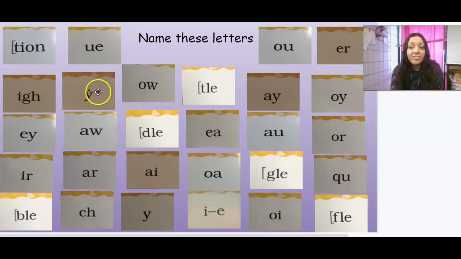Then we have vowel, Y. Then we have, this one's different, remember, digraph or diphthong, O-W. Final syllable, T-L-E. Digraph, A-Y. Diphthong, O-Y. Digraph, E-Y. Digraph, A-W. Final syllable, D-L-E.